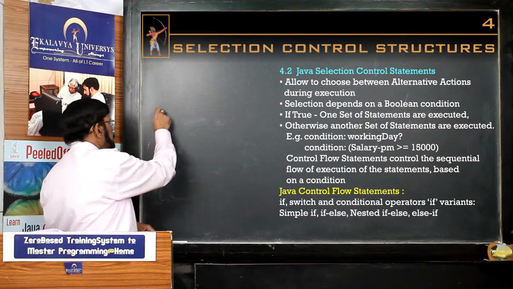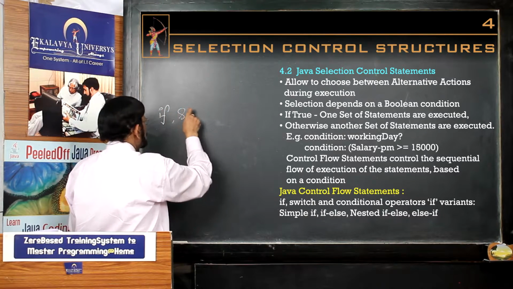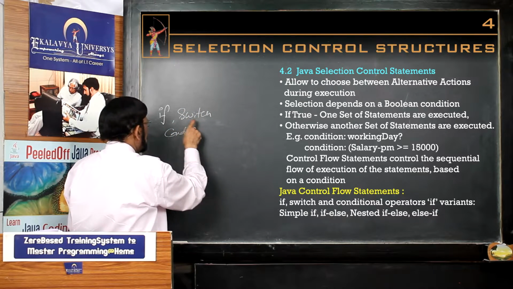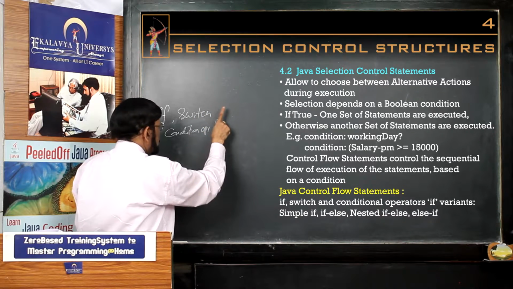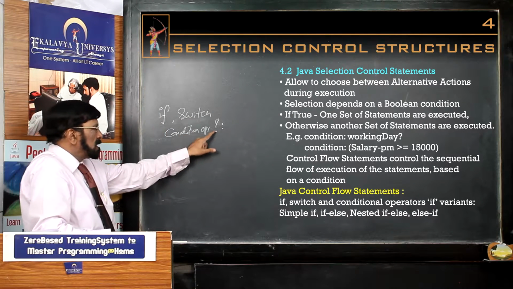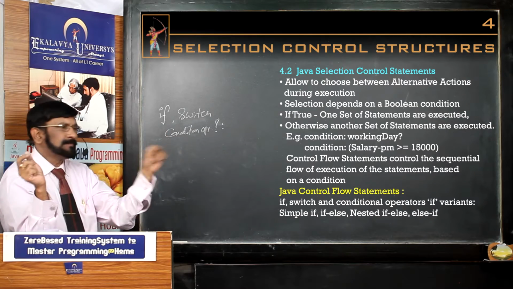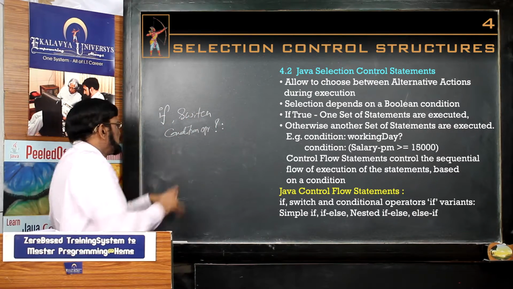These are mainly if, switch, and conditional operators. Conditional operators, which we learned in the previous chapter, are also selection statements only. As part of the operators, I explained their functionality, but actually their nature is simple selection. So, if, switch, and conditional operators are the main statements.